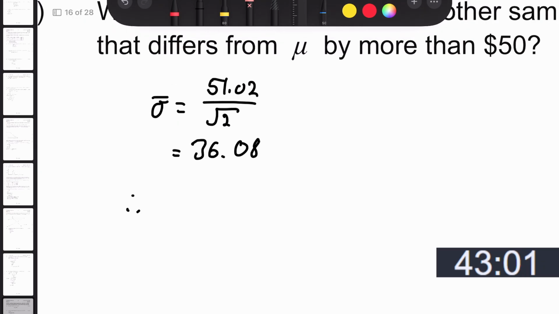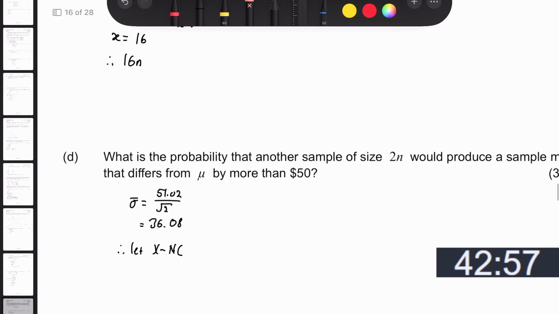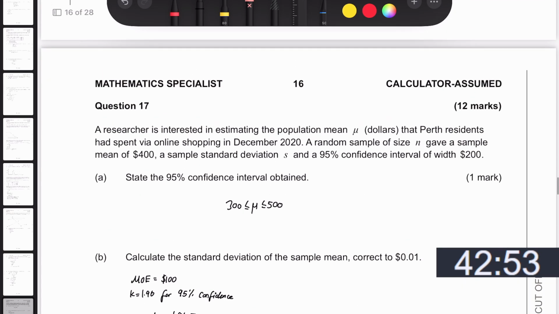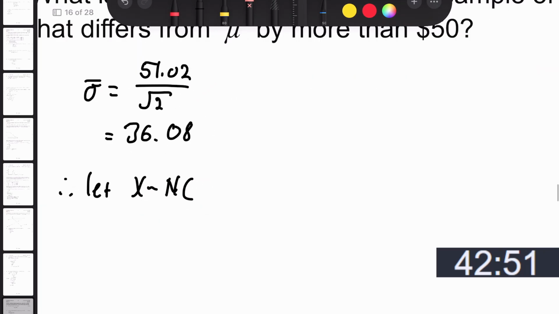Therefore, let x be a normal distribution where our sample mean was 400, and then our standard deviation is 36.08.